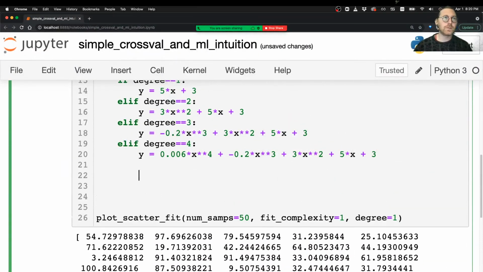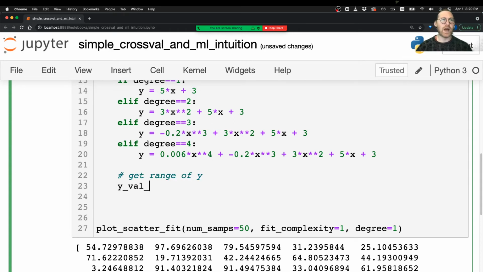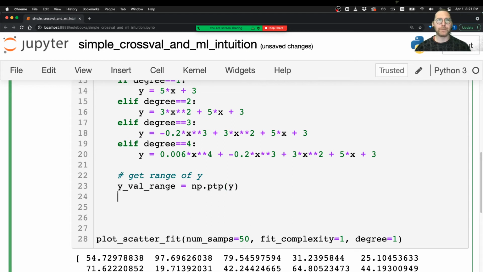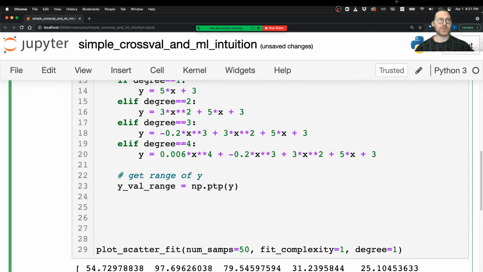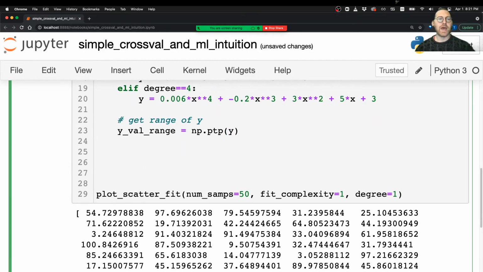The first thing I'm going to do in order to do that is get the range of y. The y value range is easy to get through this function, ptp, of y. So I've got the range of y. Now I'm going to add some noise. So let's do add noise.